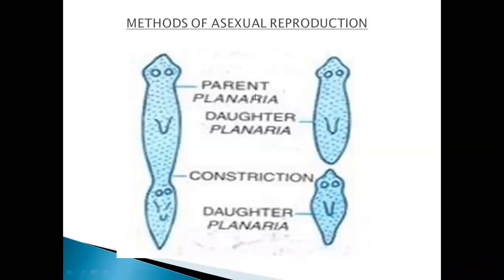This is the body of planaria, the parent planaria. Now you can see that its body is also getting invaginated here. It is dividing. The nucleus is also divided here, right? This one and this one. Now this constriction is making two daughter planaria. One is here and one is here. So binary fission has also taken place here.